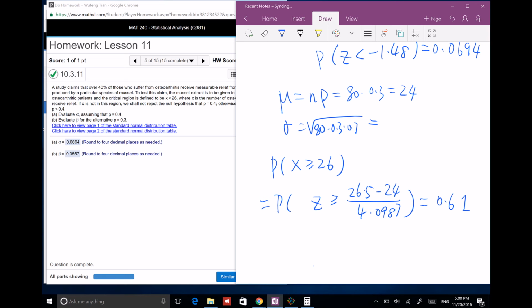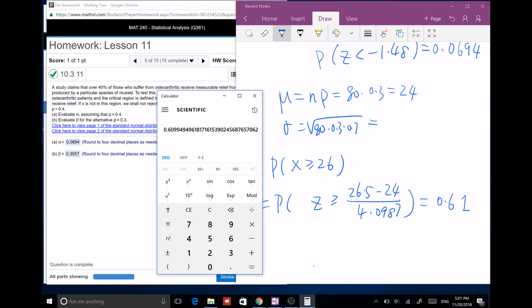that's how you do it. It's 25 less than 26, so less than 26 is from 25. So 26.5 or 25.5, maybe. Okay, so bigger than or equal to 26, so 26.5, and let me double check it again. 25.5.